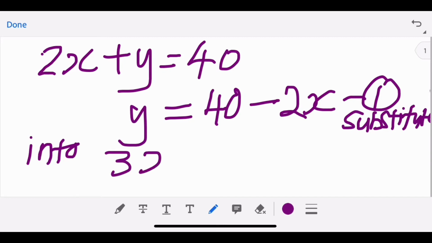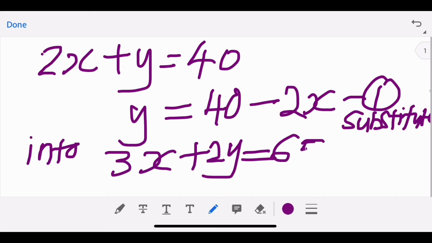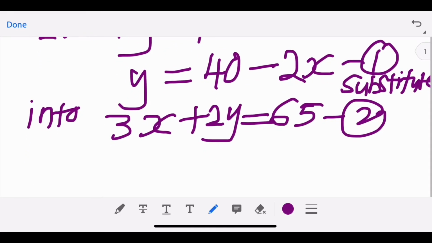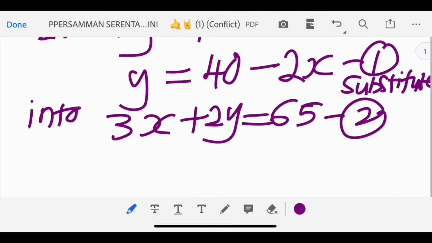The equation number 2 just now was 3x plus 2y equal to 65. Now I will substitute the y into equation number 2, and then I will solve it. Let me show you. I will write 3x.